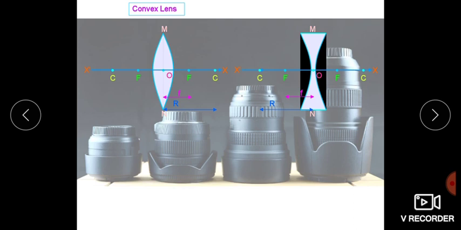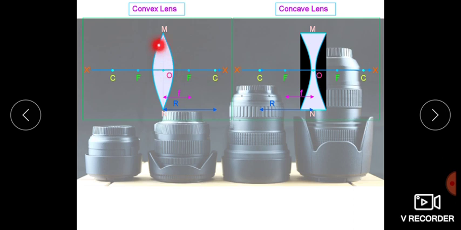Here, when we are talking about convex lenses and concave lenses, there are a few important terms we should know. This is the convex lens representation, and here F, F, C, C. Instead of C, it is better to mention 2F. The same is the case for the concave lens. The line passing through the center of the lens is called the principal axis.